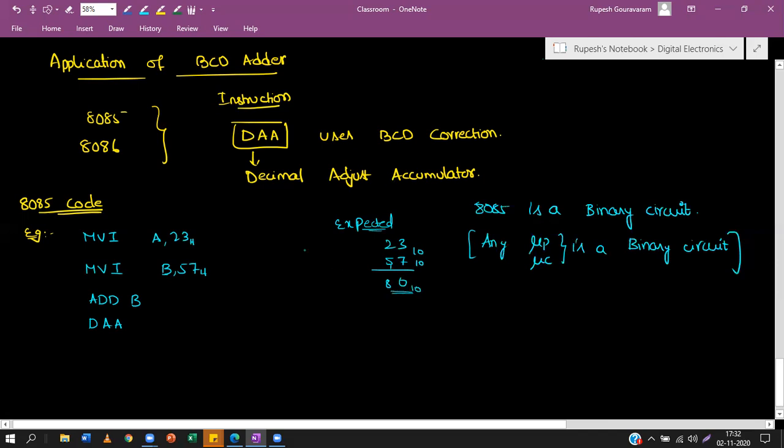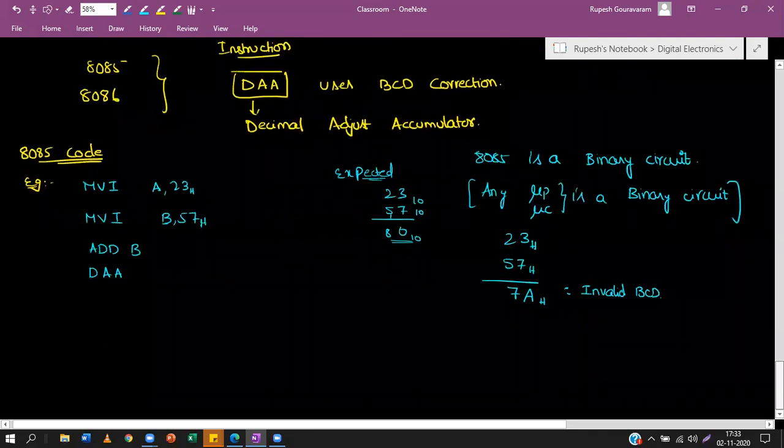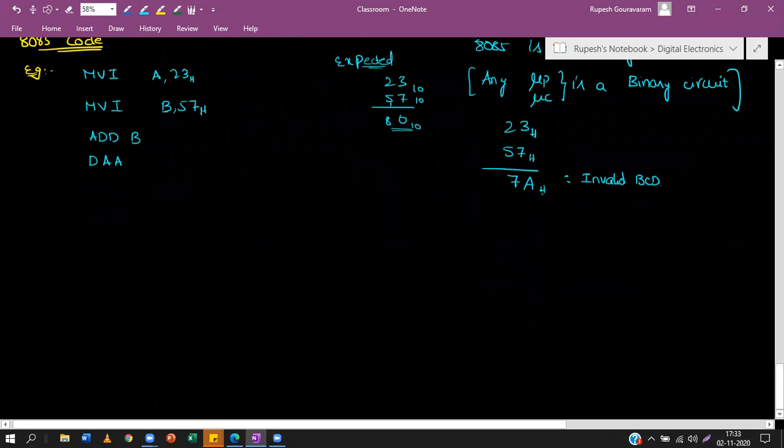Now if you add these two values in a binary circuit, if you add 23 and 57 in the hexadecimal system, hexadecimal means base 16 system, 7 plus 3 is 10. 10 is represented in the hexadecimal system as A, and 5 plus 2 is 7. So 7AH. This is an invalid BCD.